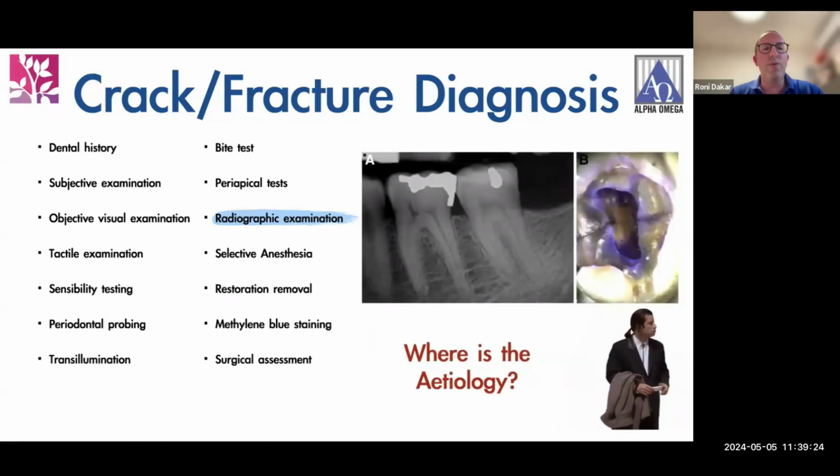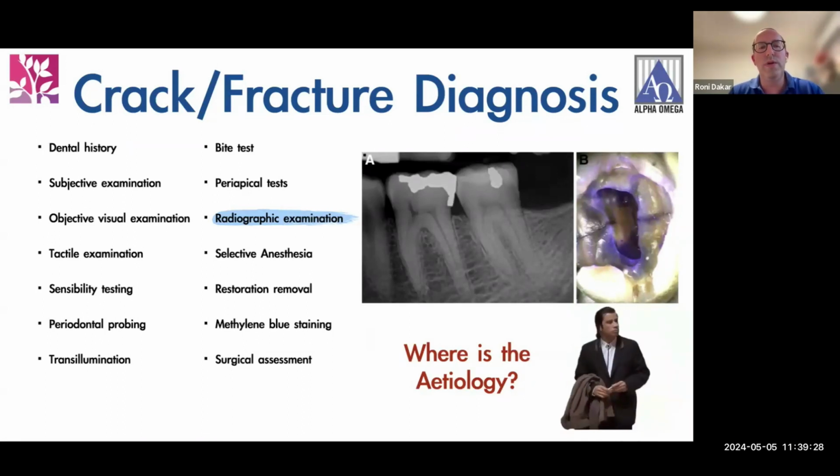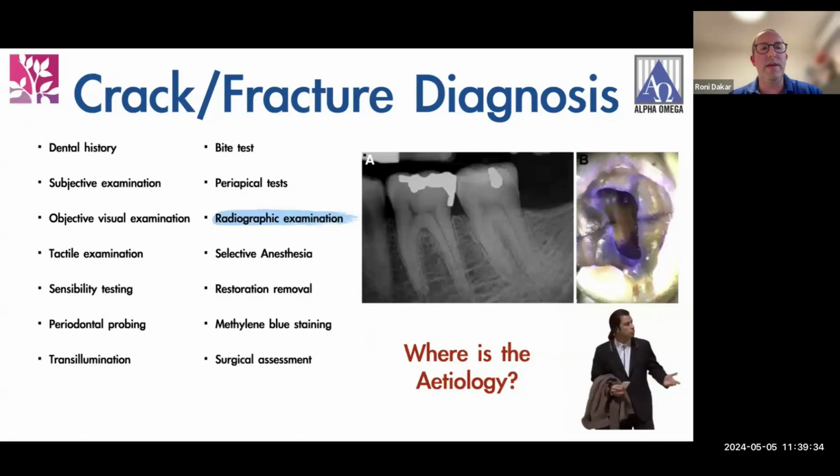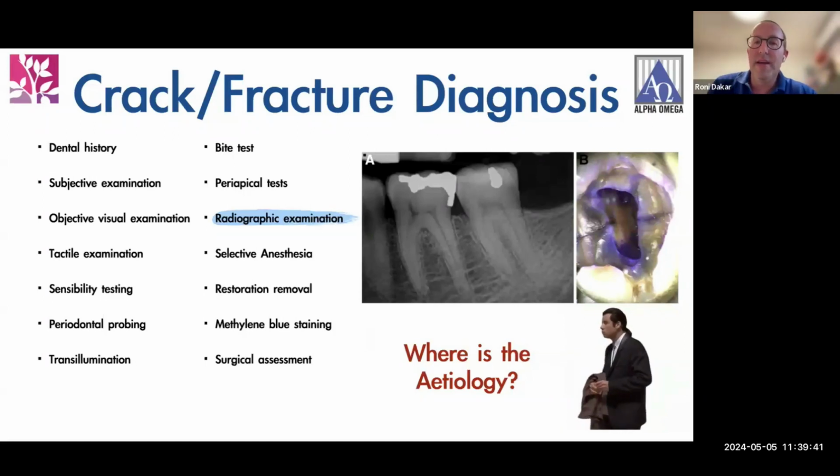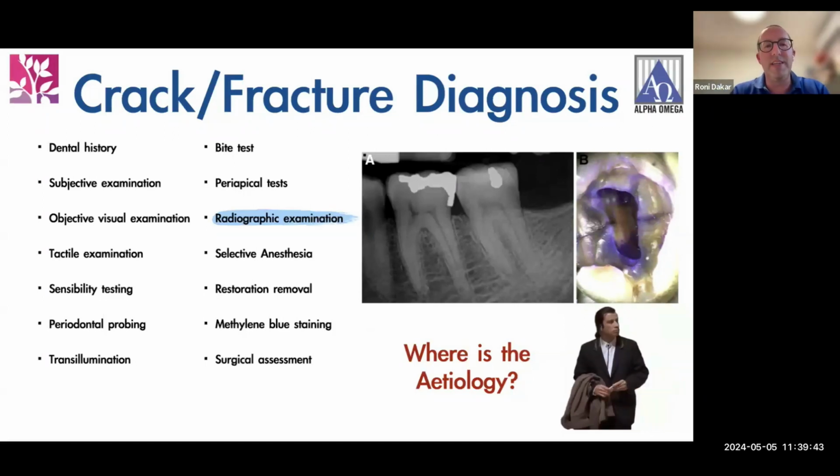So up until now, we talked about what we do see on X-rays or CBCT scans when there is a crack or fracture, and in fact what's important is what we don't see radiographically when there is a crack.